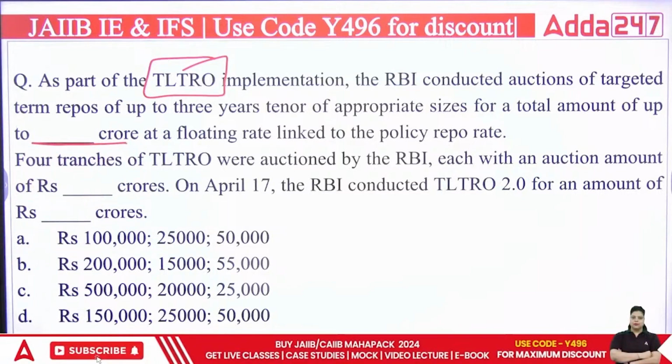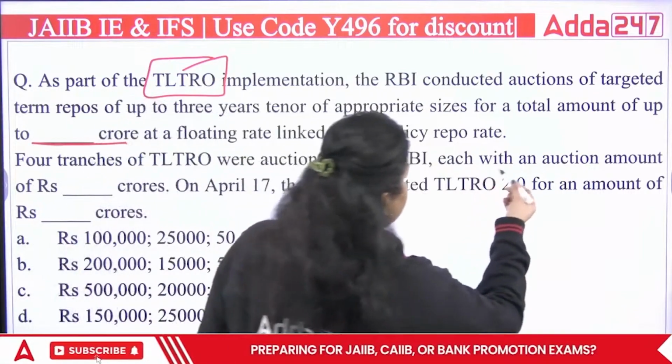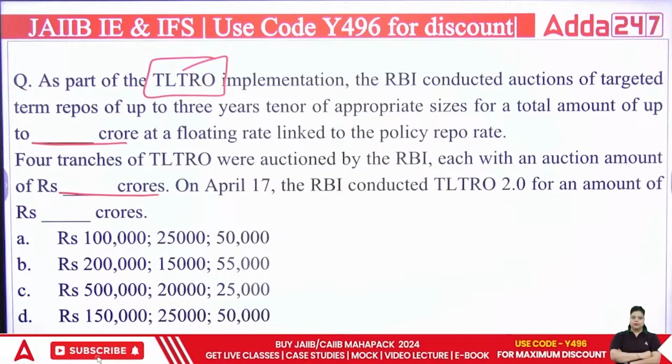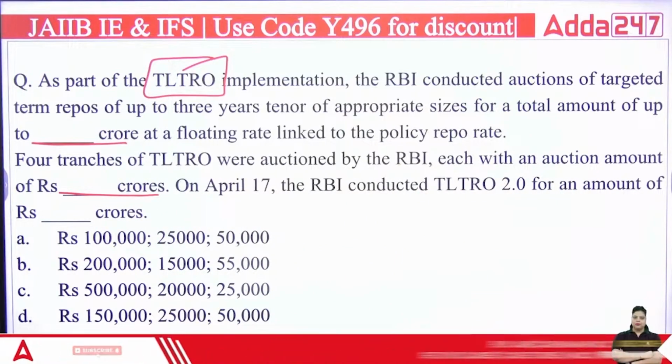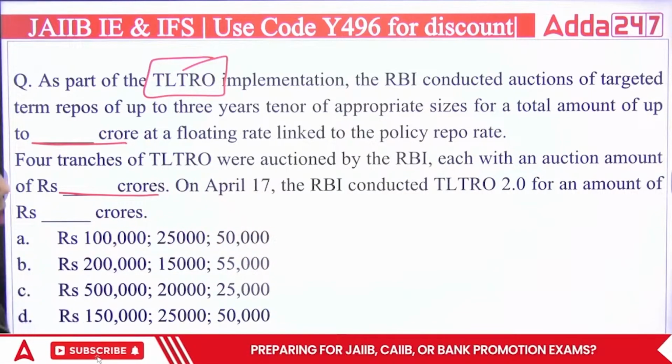It is linked to what? It is linked to the policy repo rate. Next is talking about 4 tranches of TLTRO auctioned by RBI, each with an auction amount of dash crores. And the next is saying on April 17th, RBI conducted its second phase for an amount of dash crores.